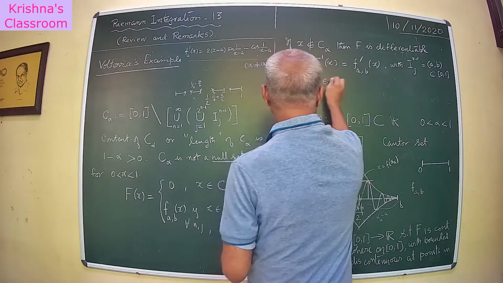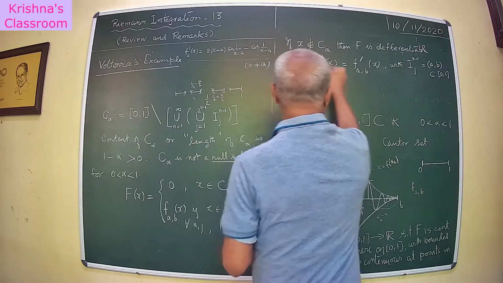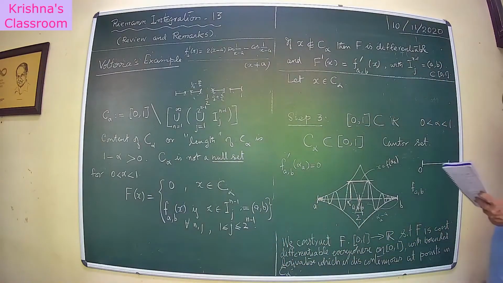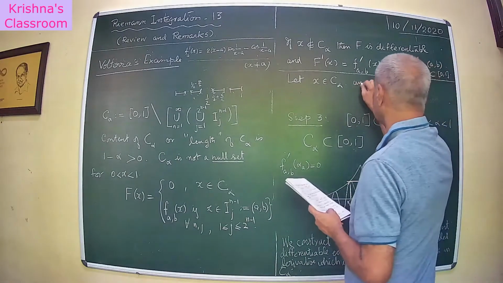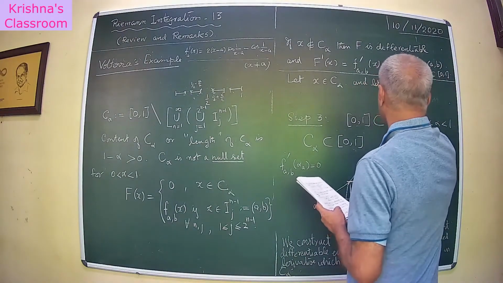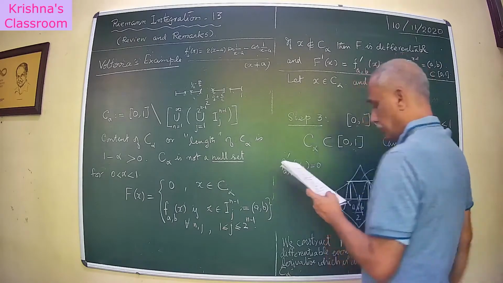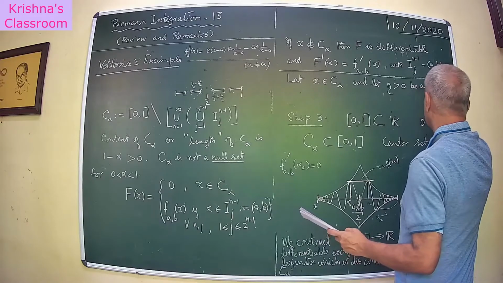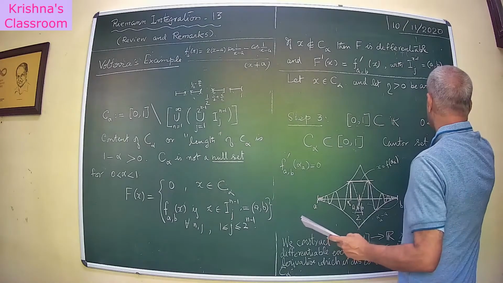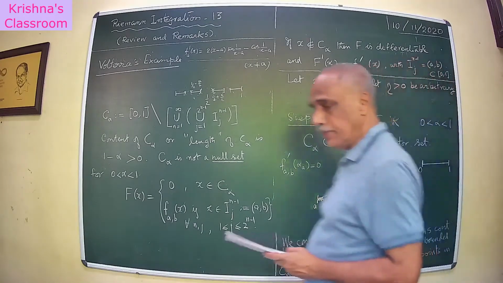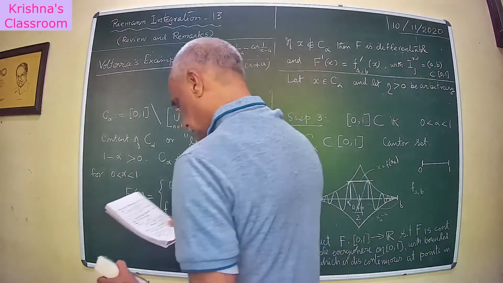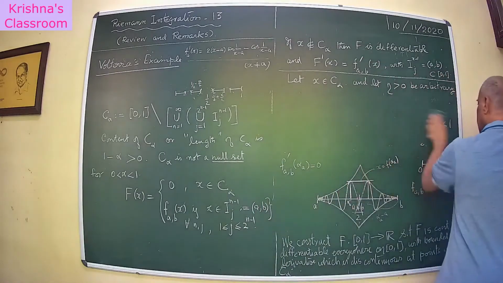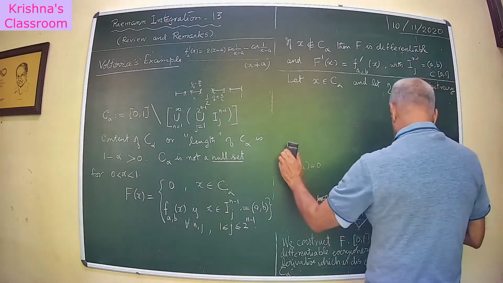Let x belong to C alpha. Let eta be positive, arbitrary. Now we estimate the derivative actually.